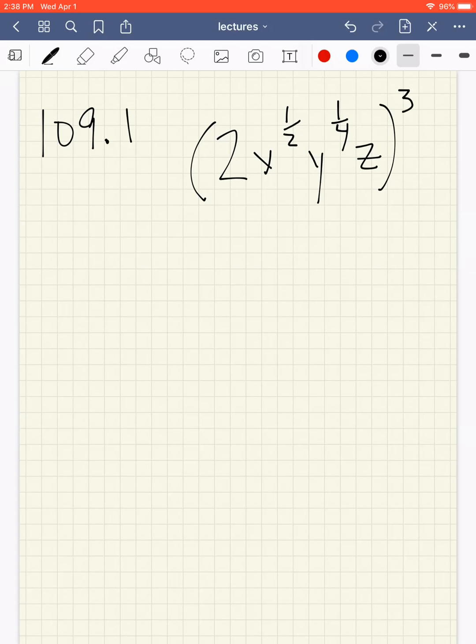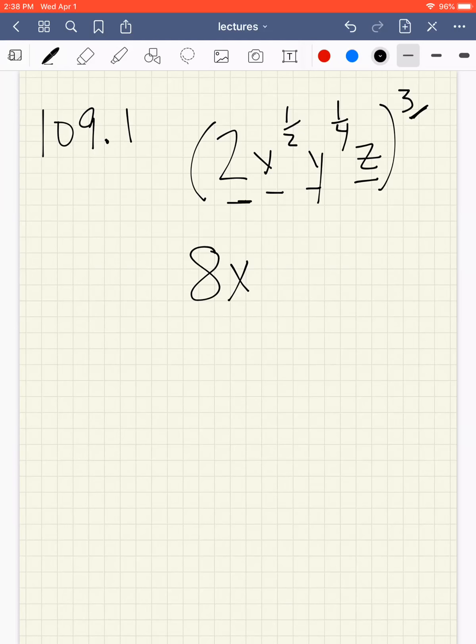So in this example, we just have to remember that every single thing inside the parentheses has to be raised to this third power. So 2 raised to the third power is 8. And to raise exponents to powers, we multiply the exponents.